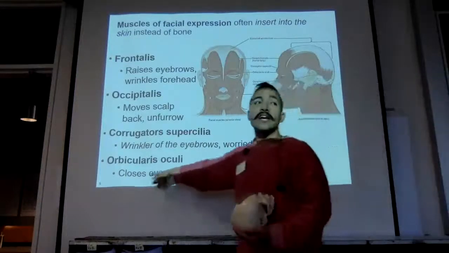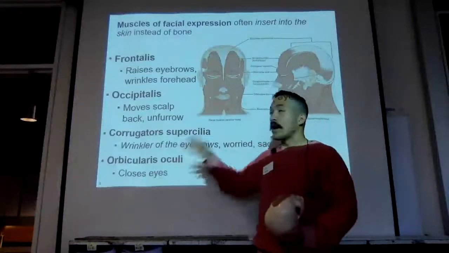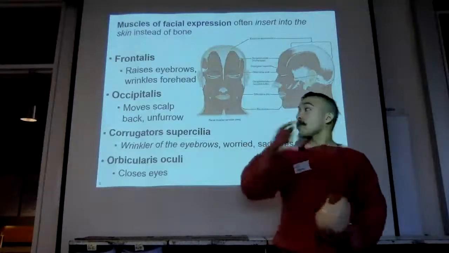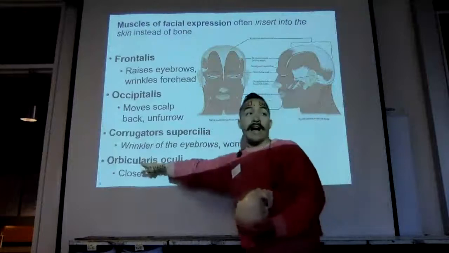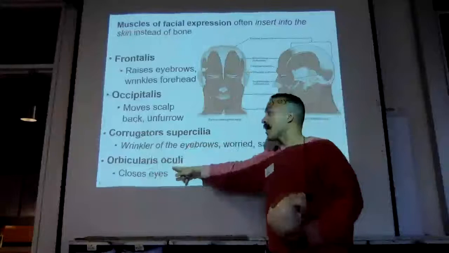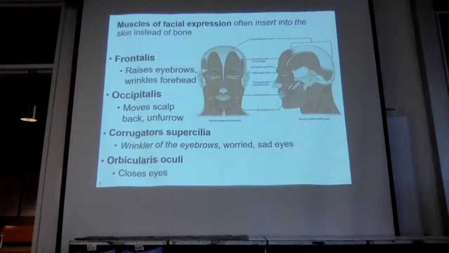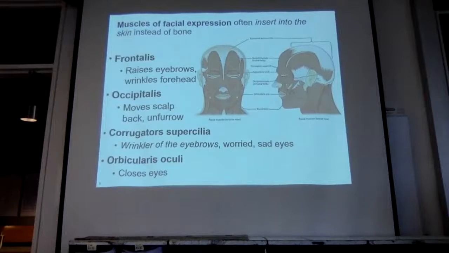If you want to close your eyes, like really close them or wink them, you have a muscle all the way around your eye. The word for around is orbicularis, like an orbit, and oculi is for eye. It's around the eye. Orbicularis oculi. Why do you always close this way but not this way?